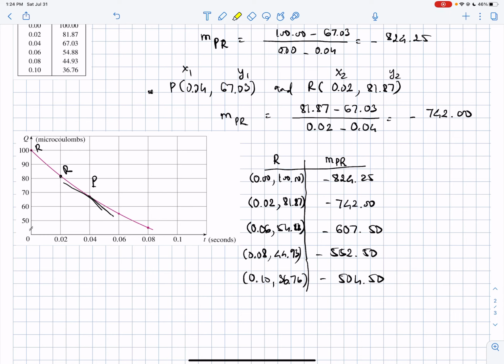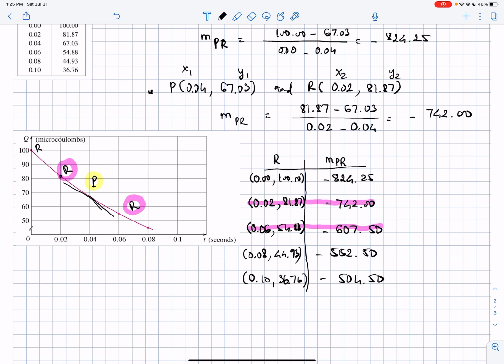You can see that the point P is at 0.04, and when the point R is around the point P, at 0.02 and 0.06, the slope of the secant line is negative 742 and negative 607.50. To estimate the slope closer to the point P, I'm going to average these two numbers.